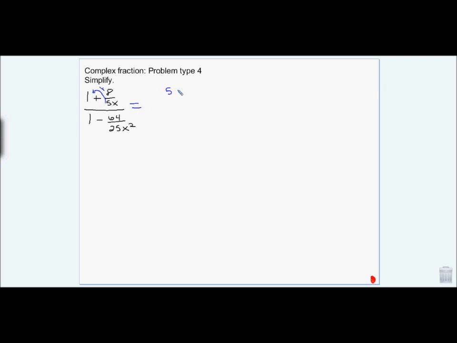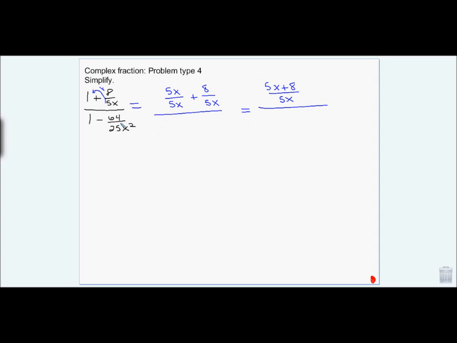Here we have another version of this with a whole number. That 1, I'm going to multiply by 5x and then give it a denominator of 5x. Which gives me a new numerator of 5x plus 8 over 5x. Now these 5x's are not going to cancel because you can't cancel with the 8.